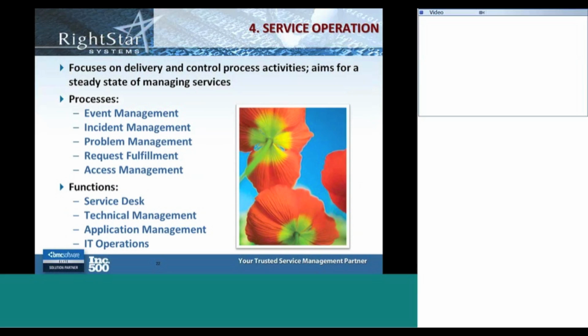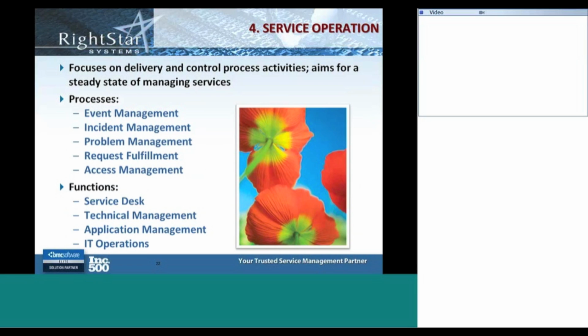Once we have completed the service transition phase of the life cycle, we should have as an output our service release package or approved service release package, which then gets deployed into production or operation. Operation is the phase of the life cycle where the business or customer sees the value in IT.